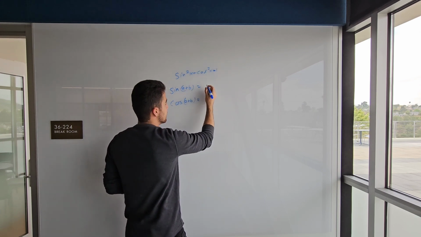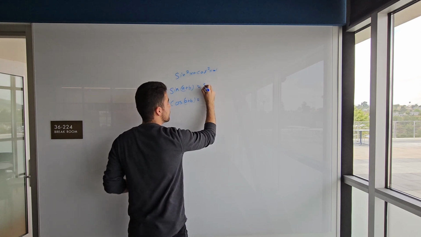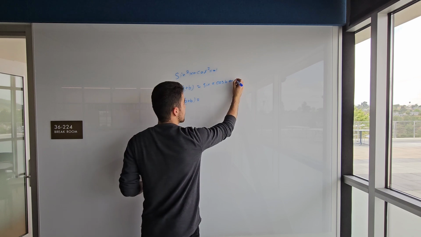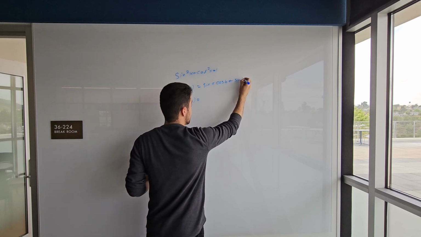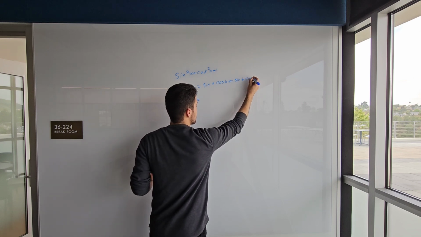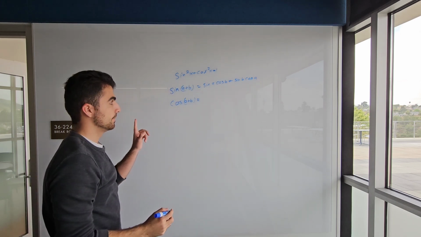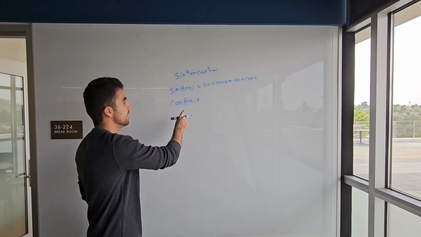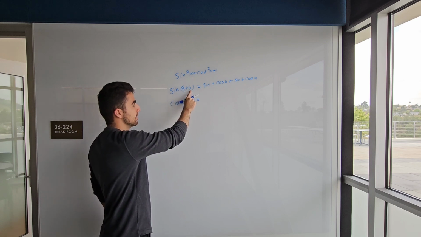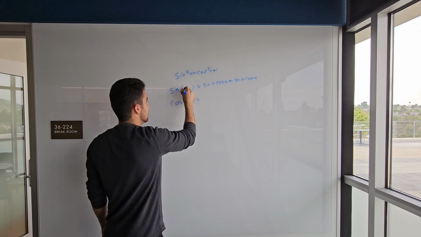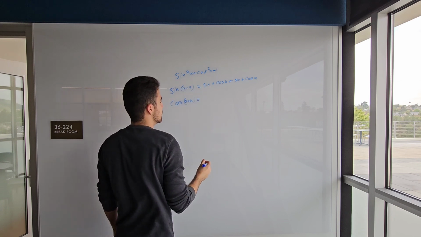Sine a plus b is going to be equal to sine a cosine b plus sine b cosine a, okay? Now, imagine a and b were the same, right? Imagine all this became a plus a, okay?